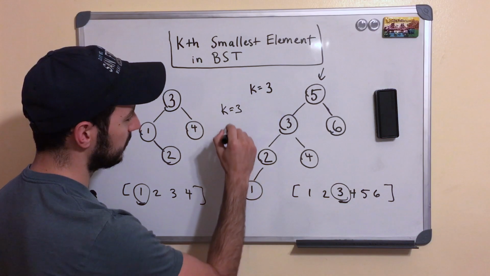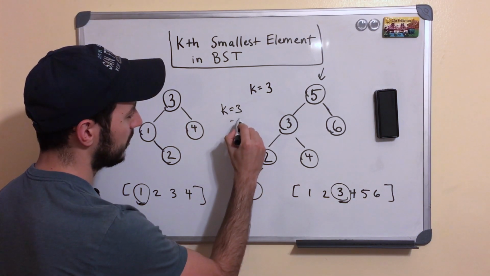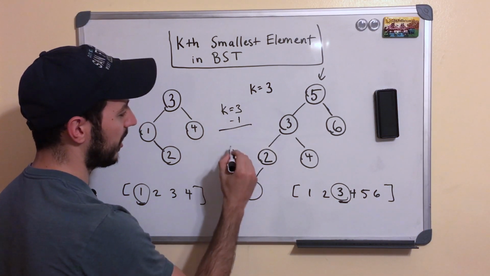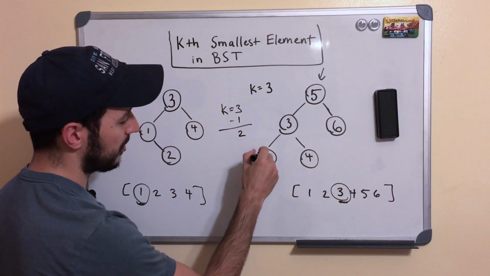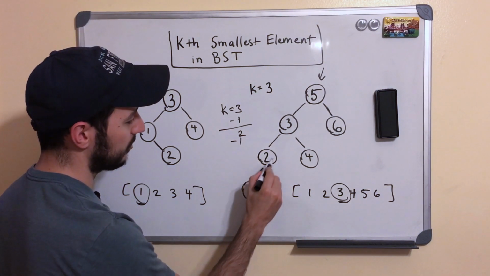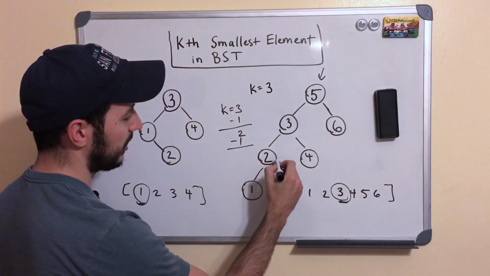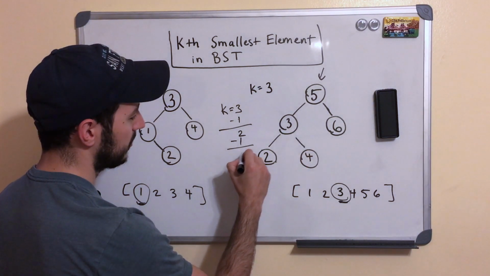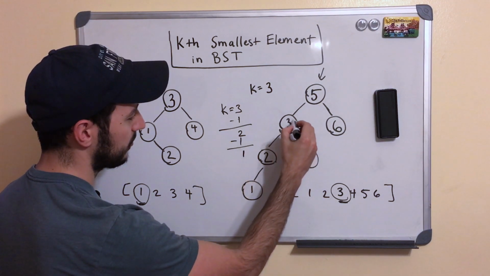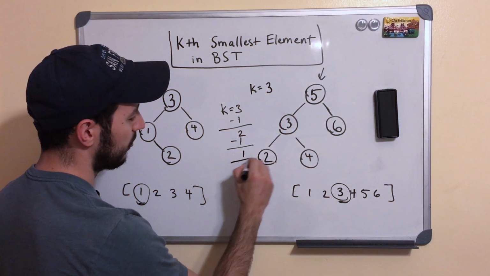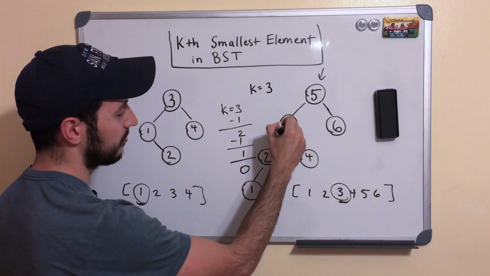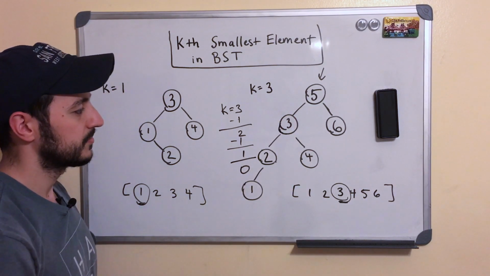Once we finish with this node, we'll minus 1 from k, we'll get 2. Then we will come back to 2 here, minus 1, because we'll finish up with this value 2 at this node, and then we come back to 3, and this will be 1, and once we finish up with this value, we'll be at 0, and we'll return back this 3 as our answer.